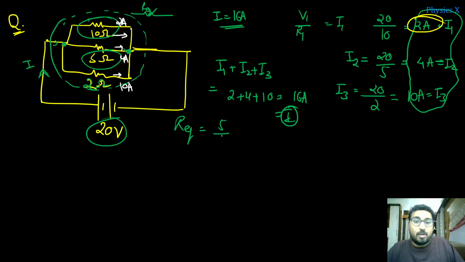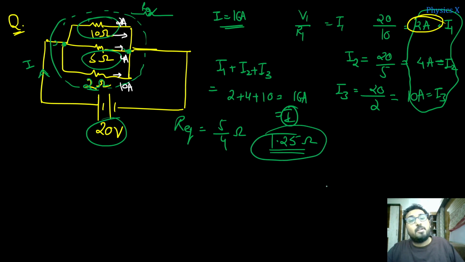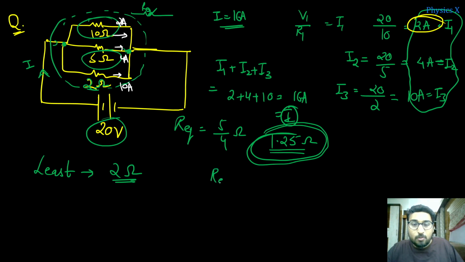Yes, 5 by 4 ohms, which is around 1.25 ohms, right? See the value of this resistance. What is the minimum value of resistance in this combination? 2 ohm is the least value of resistance. The least resistance is 2 ohms. And what is the equivalent resistance you got? 1.25 ohms.